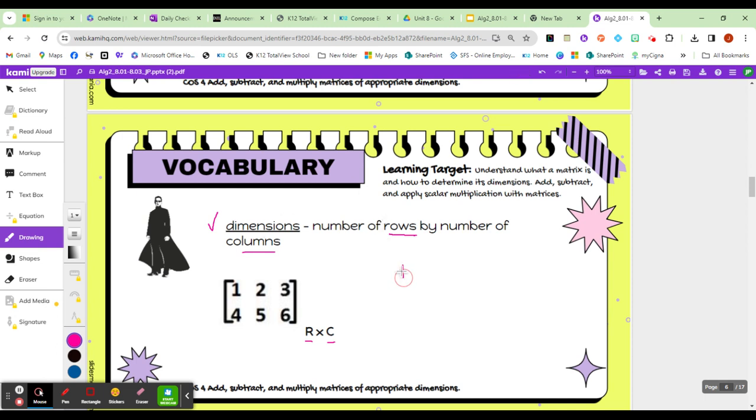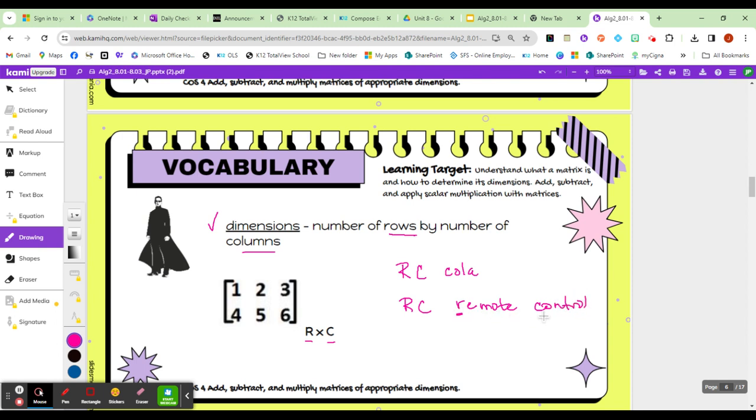A long time ago, we used to drink a soda called RC Cola. I don't know if y'all even know if that exists anymore, but it was a really cheap soda. I always talk about RC Cola to help us remember it's rows by columns and not columns by rows. And some people tell me they like to remember RC as remote control.